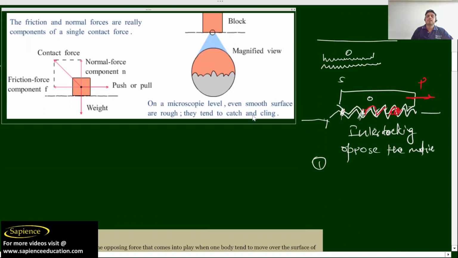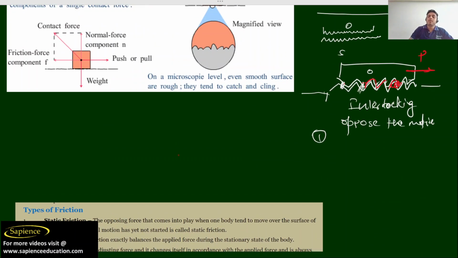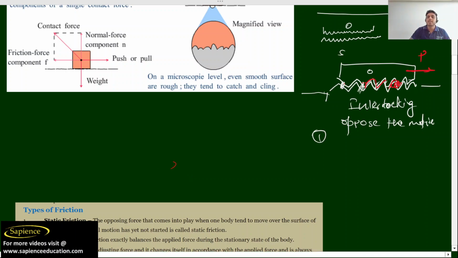Understood? So see, interlocking or strong bonds always form when the object is kept static.